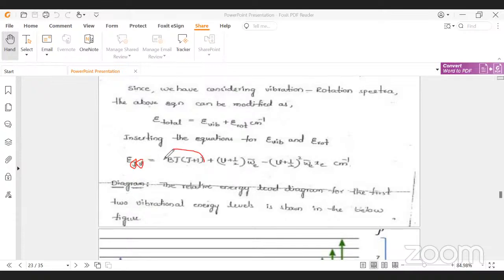This is the rotational energy and this is the vibrational energy. This equation we have discussed previously. This energy comes from rotational spectroscopy, where we are adding two energies. Then E total equals E vibrational plus E rotational.